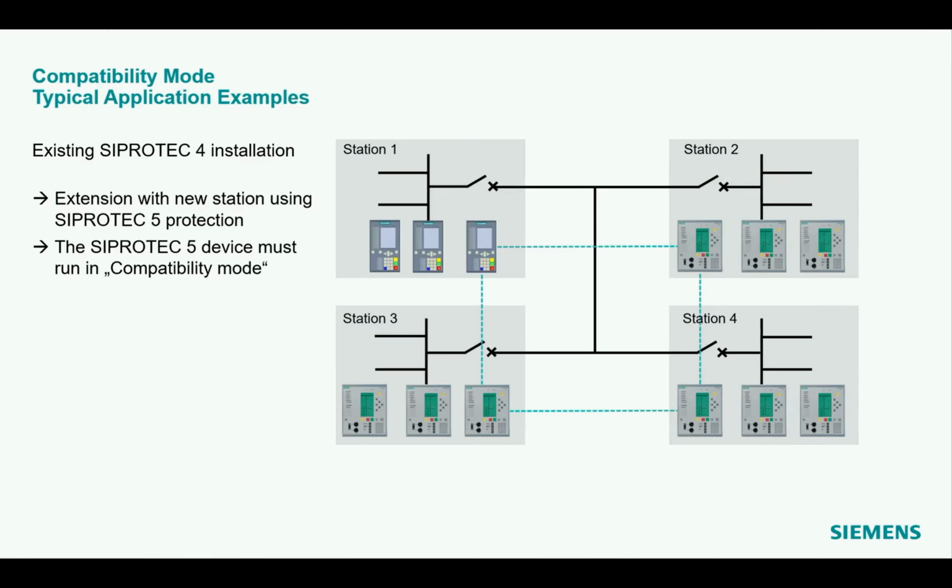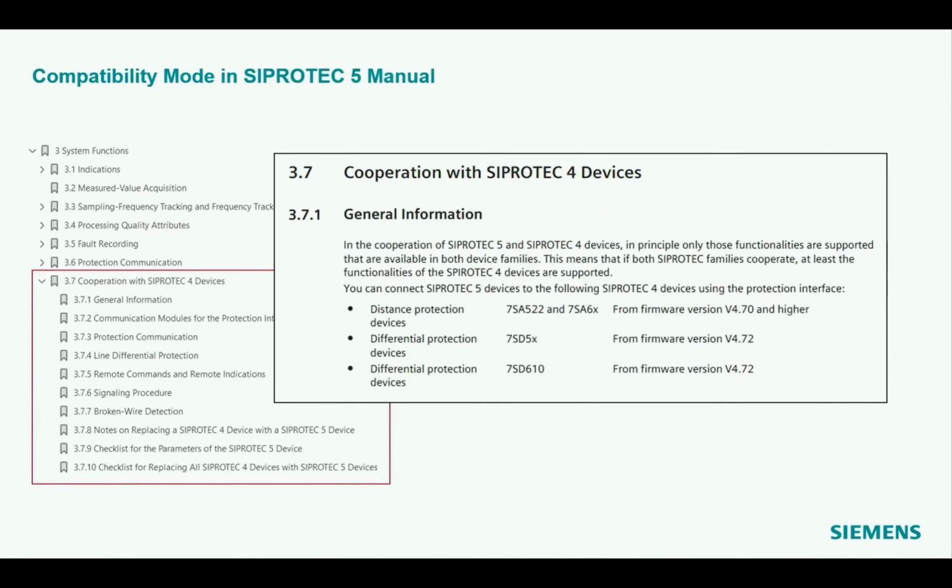And all devices, of course, also must fulfill the requirement for the compatibility mode. All the information in this presentation is also included in our SIPROTEC 5 line protection device manuals. We have a comprehensive chapter for the topic cooperation with SIPROTEC 4 devices.